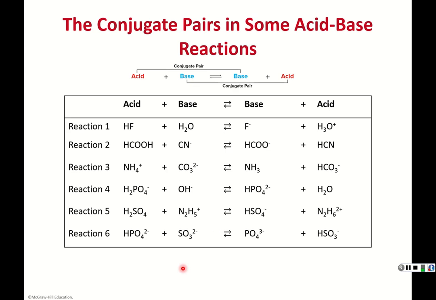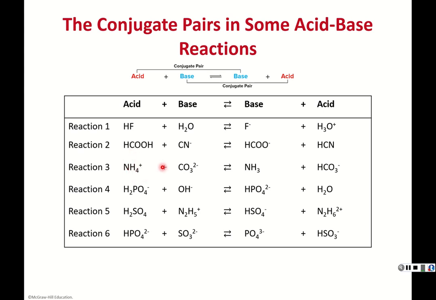And here's a table of some conjugate acid-base pairs. If you had the acid HF, the conjugate base is just going to be F-. If you have something like carboxylic acid, HCOOH, that would be formic acid, that turns into HCOO-. It gives up a proton, and it has a minus charge there. Something like ammonium, this can act as an acid.